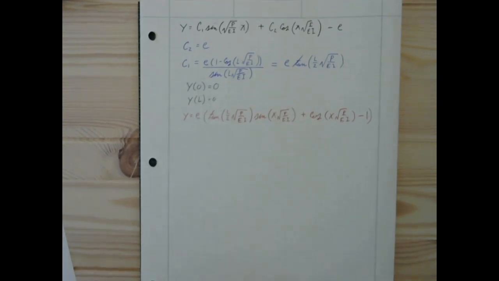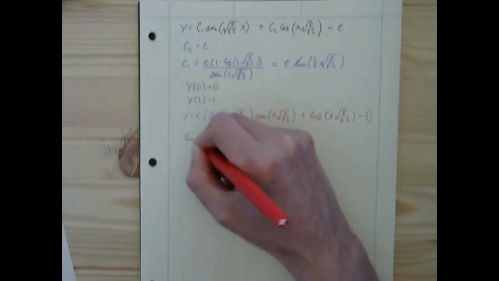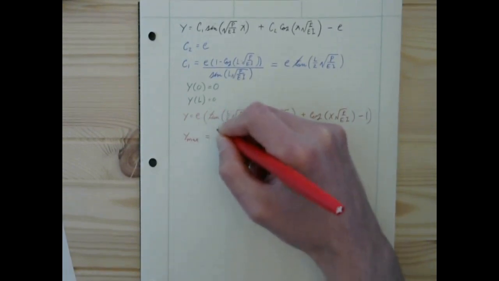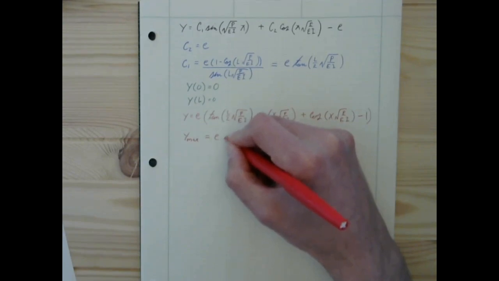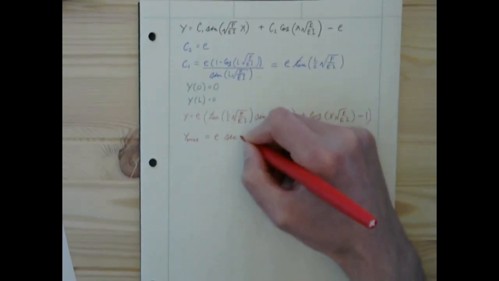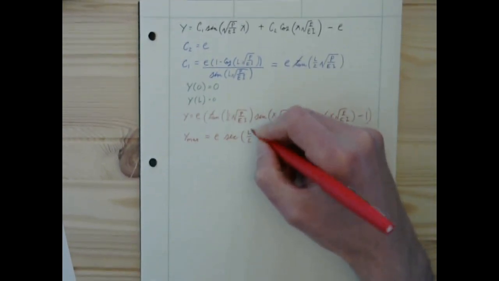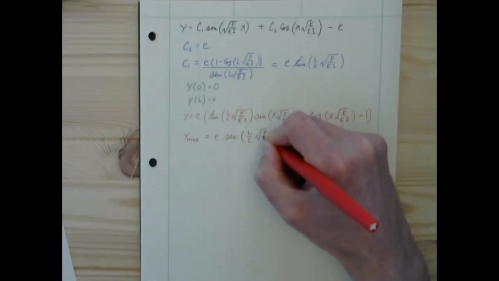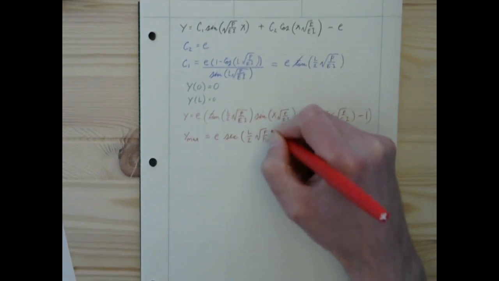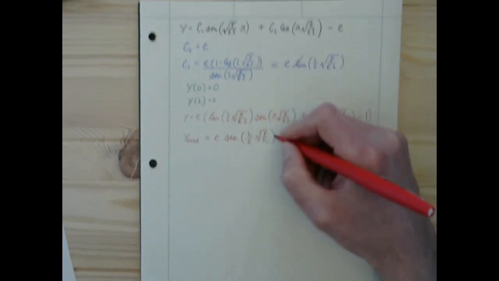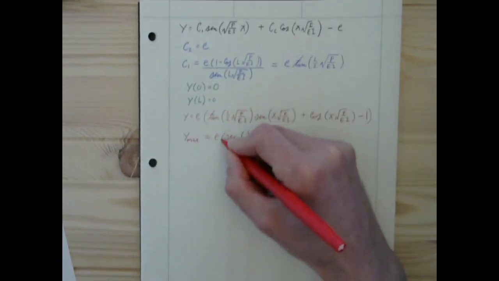And the maximum value, so the maximum deflection from this, is going to be equal to the eccentricity times the secant of L over 2 times the square root of P over the critical load, minus 1, and put some parentheses there.